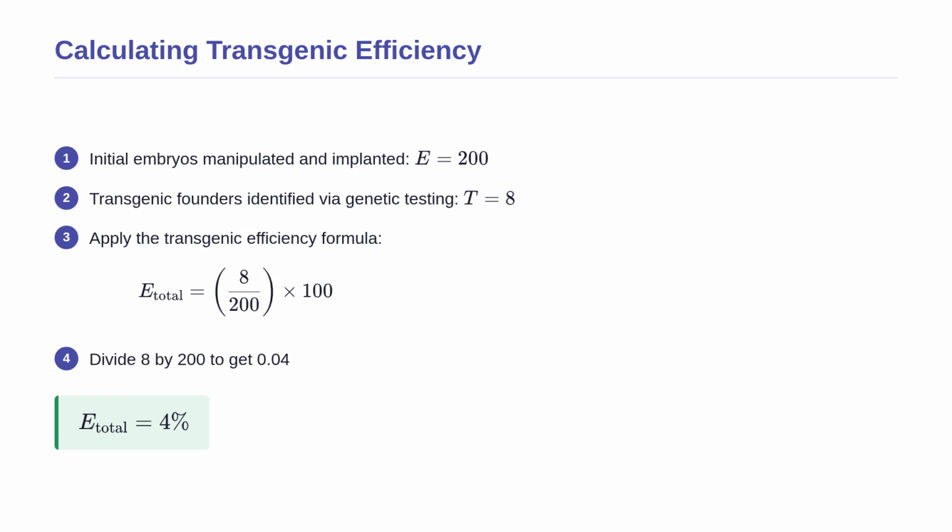Multiplying by 100 yields our final answer of 4%. This means that for every 100 embryos injected, the researcher gets 4 transgenic animals. While 4% might sound low, in the field of animal biotechnology, this is considered quite efficient and highlights the reliability of the retroviral approach.